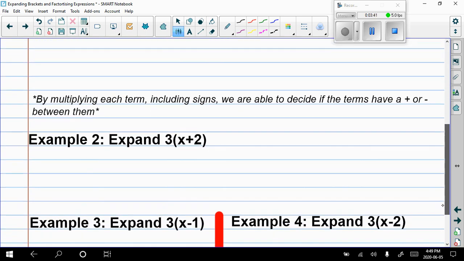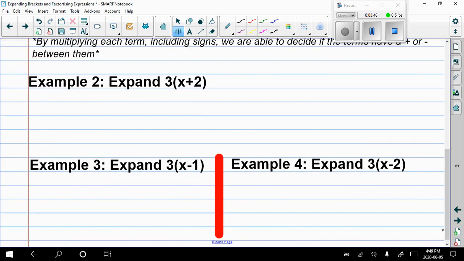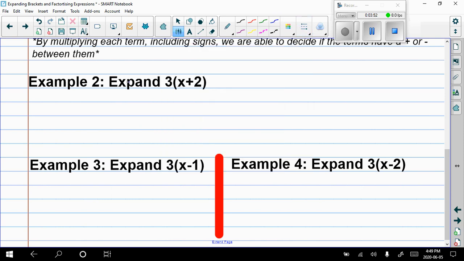So let's try example 2 here. Same exact thing. We're going to take that number outside, this 3, and multiply it out first. So we get 3 times x, and then I'm just going to make that a plus sign every time.